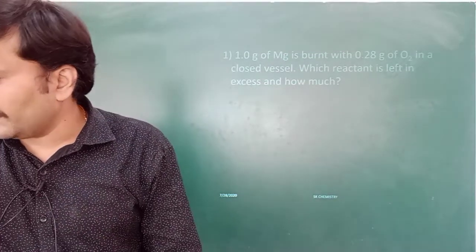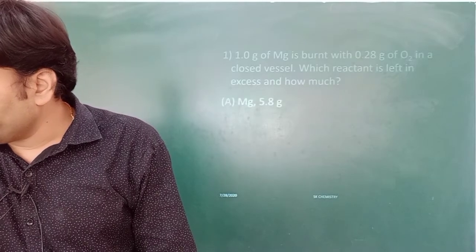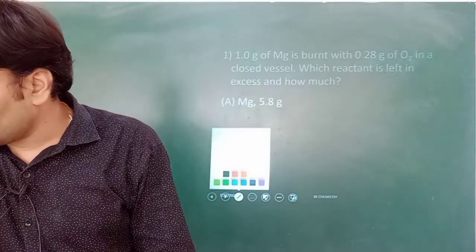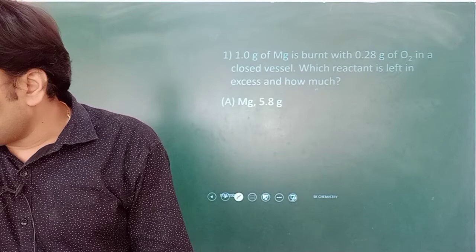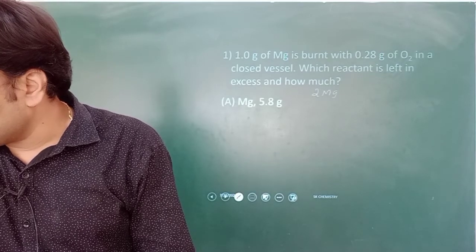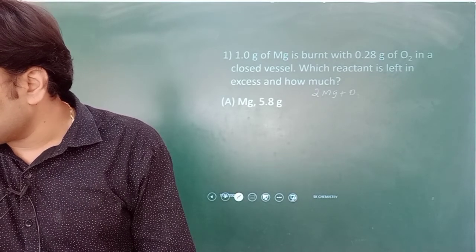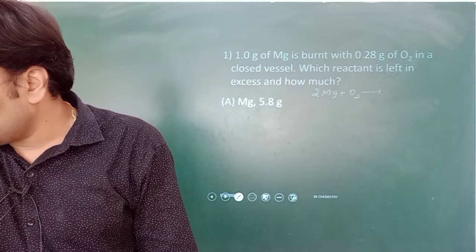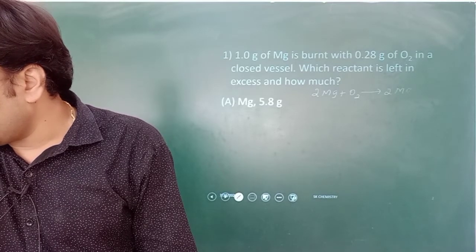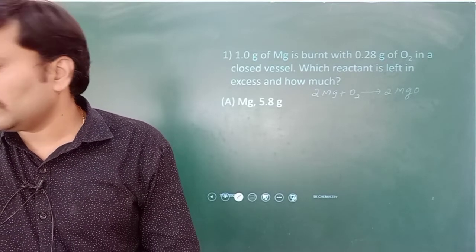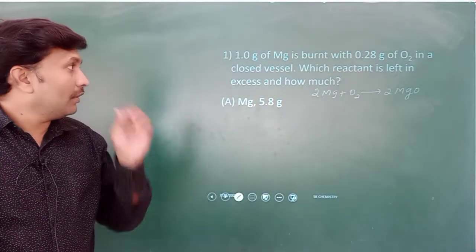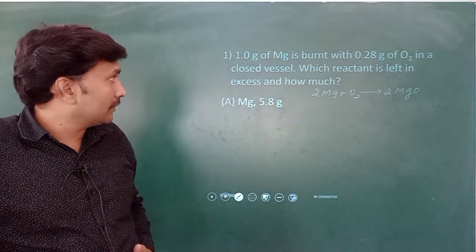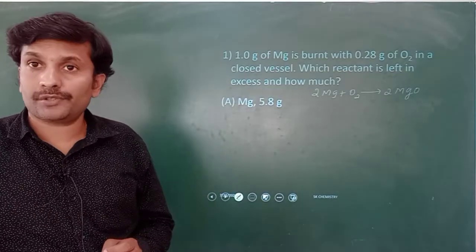What is the equation? 2 magnesium combines with oxygen to form 2 MgO. So what is the equation ratio?